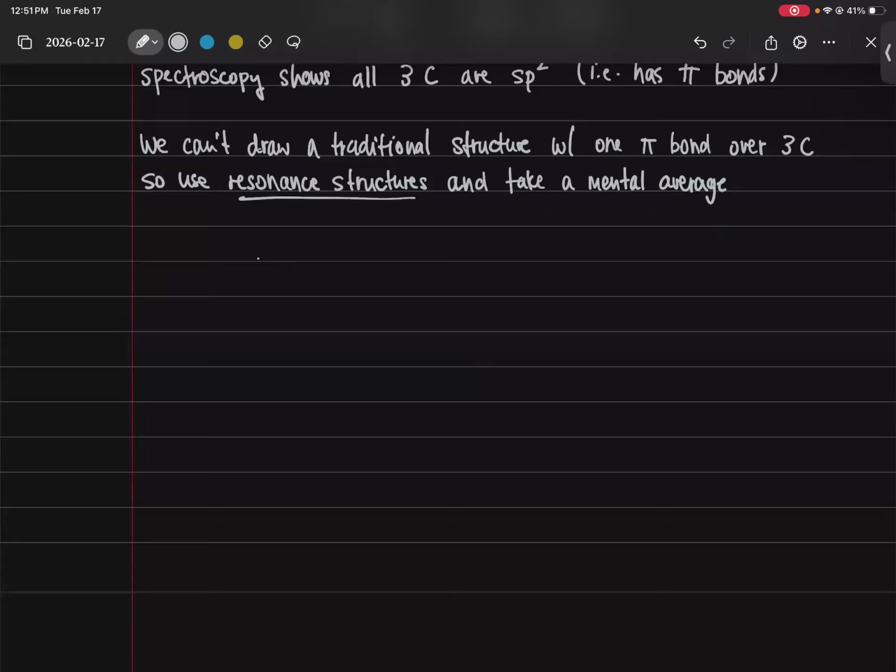So the first thing that we drew is a valid resonance structure for this molecule. There's another one though, and it looks like this, right? So two molecules.